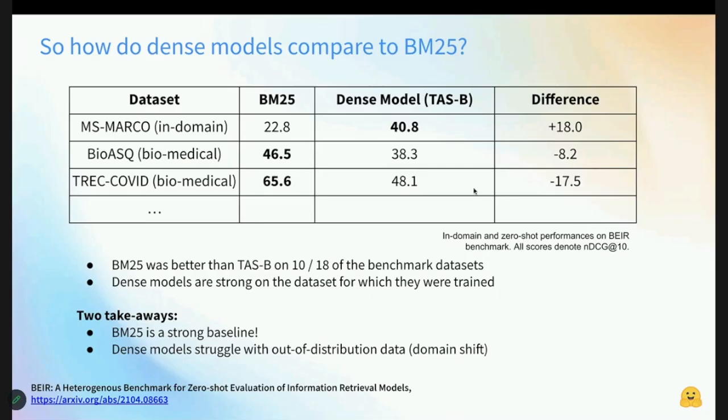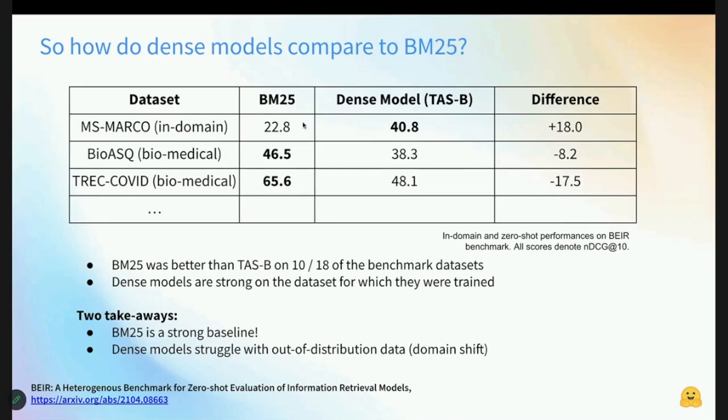The main thing is that, first of all, BM25 is pretty good. It requires no training and it generalizes well. It does its job. There's a reason why it was the standard for a long time. And so it actually performs better on 10 out of 18 of the benchmark datasets. Dense models, like we see here, are actually really strong as long as you're in domain, as long as you're using them for data of a similar distribution to what they were trained on.